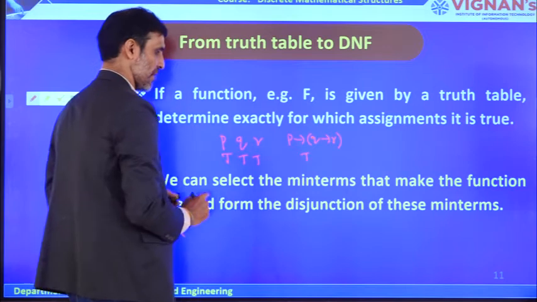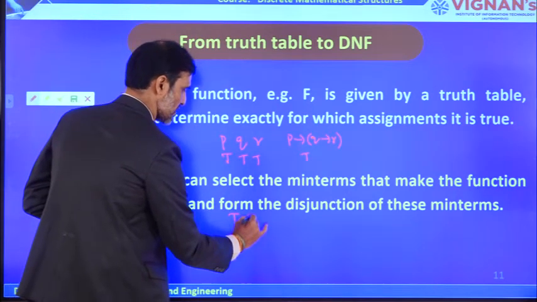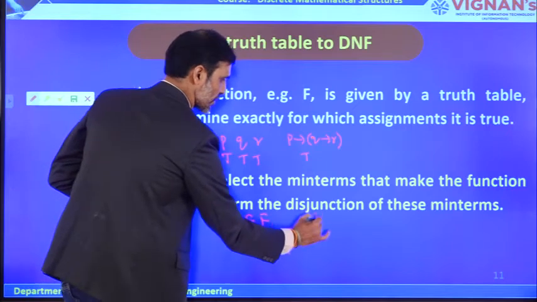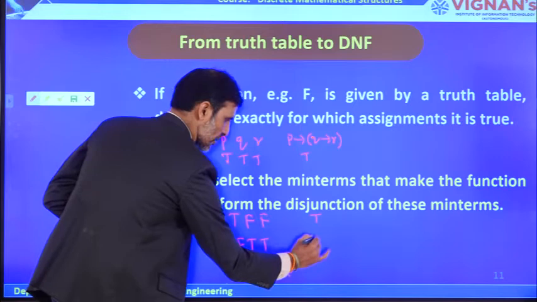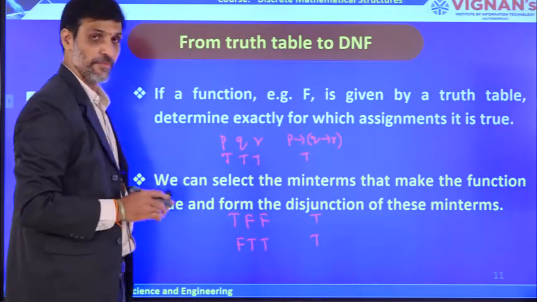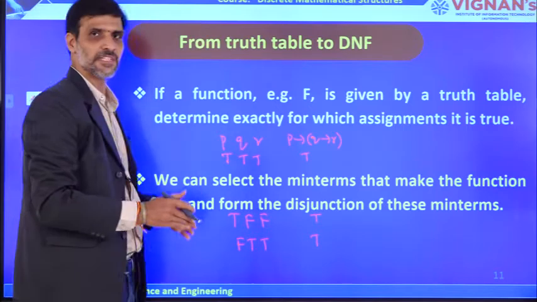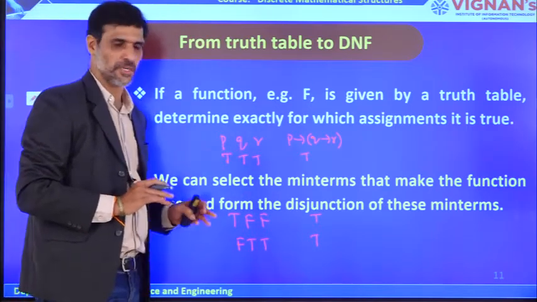This is one assignment. Another assignment is true, false, false. Suppose false, true, true is also true. For these three assignments it is true, and for the rest of the assignments in the table we got the false value for this compound proposition.